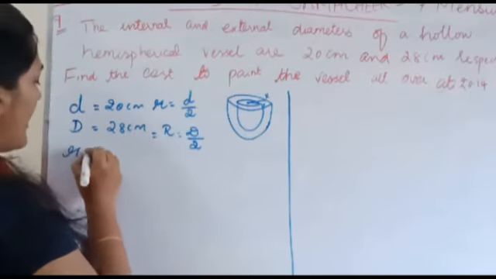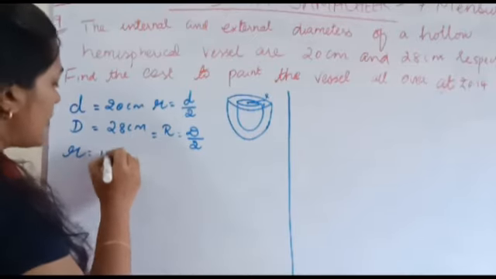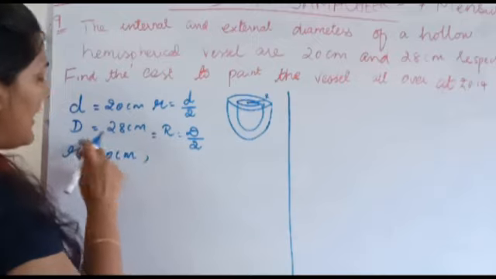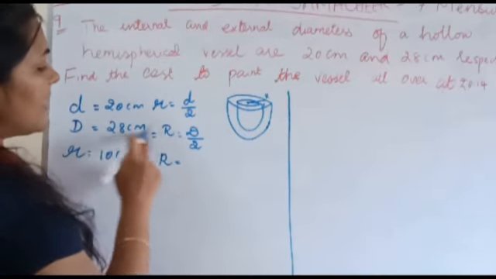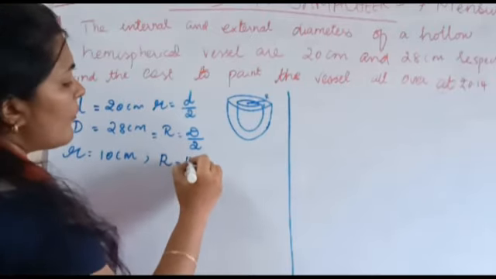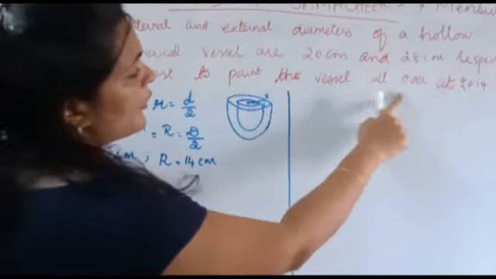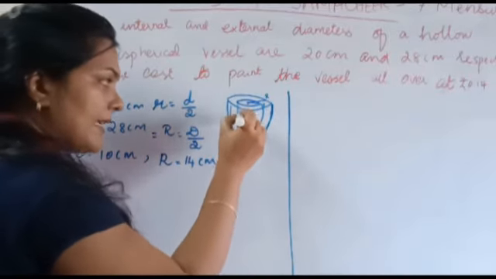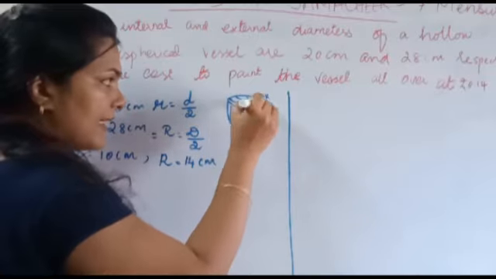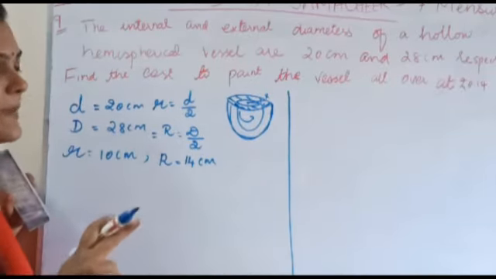So small r is equal to 20 divided by 2, which is 10 centimeter, and capital R is equal to 28 divided by 2, which is 14 centimeter. To paint the vessel all over. All over means what? This outside, inside, and this ring. That's all the solid parts in a hollow hemispherical vessel.